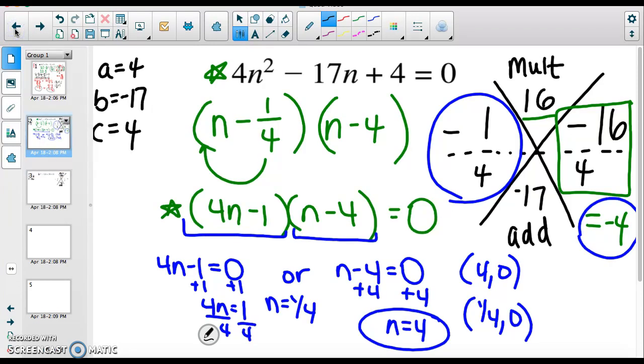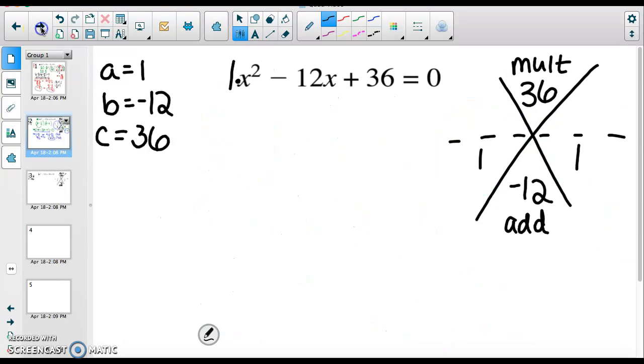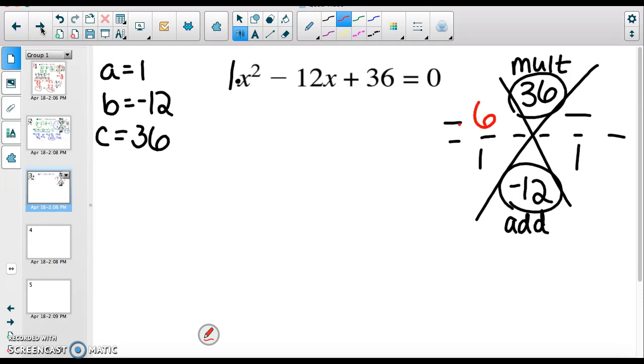Doesn't this mirror this situation, where I'm multiplying to a positive but adding to a negative? So I know I need 2 negative numbers to do that. You can go through the factors of 36, and to land on negative 12, it's going to be negative 6 and negative 6.